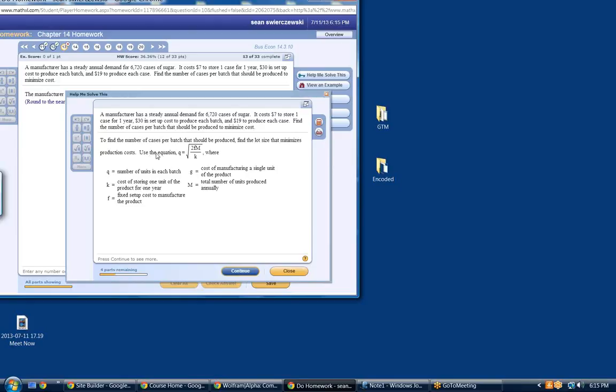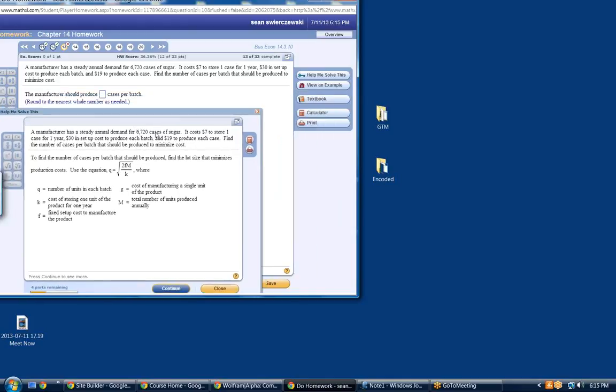Okay, to find the number of cases per batch that should be produced, find the lot size that minimizes production costs. Well, how are we supposed to know this? I don't know. No wonder I can't figure these out. I'm not knowing these equations that they presume we know.